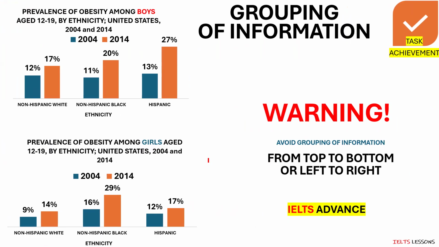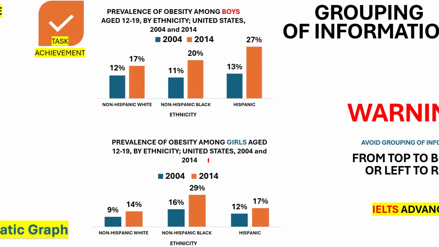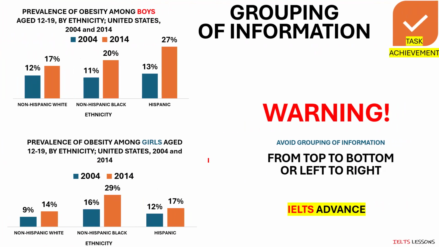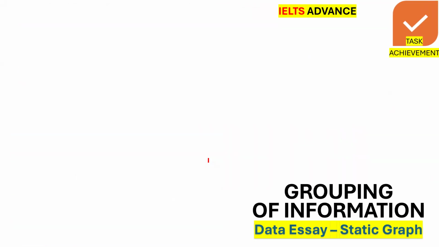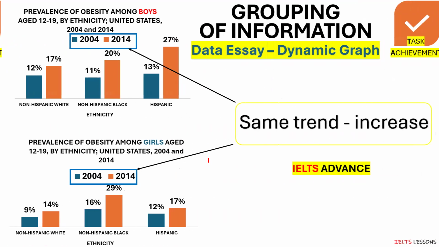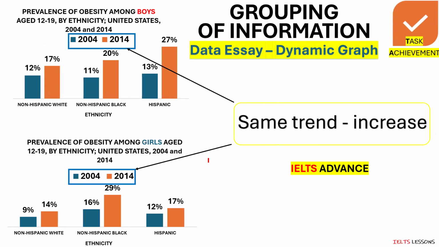So, how to avoid that? To avoid that is simply to again identify the trend or the group that shows the same movement or same pattern. So here, for example, in grouping the information here, what should be written in our body paragraph 1?